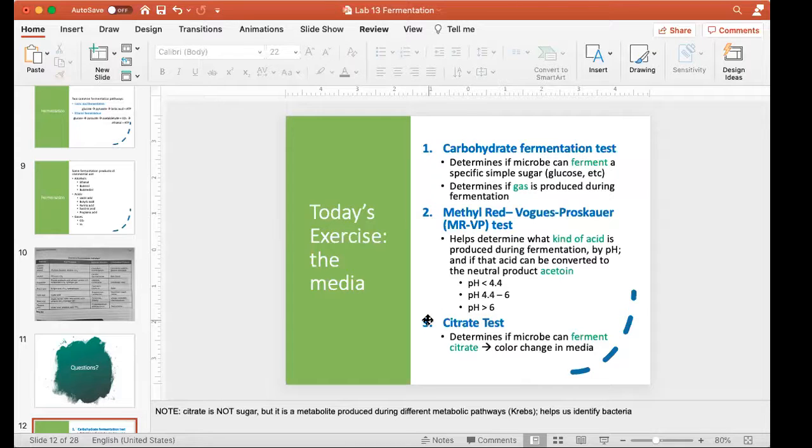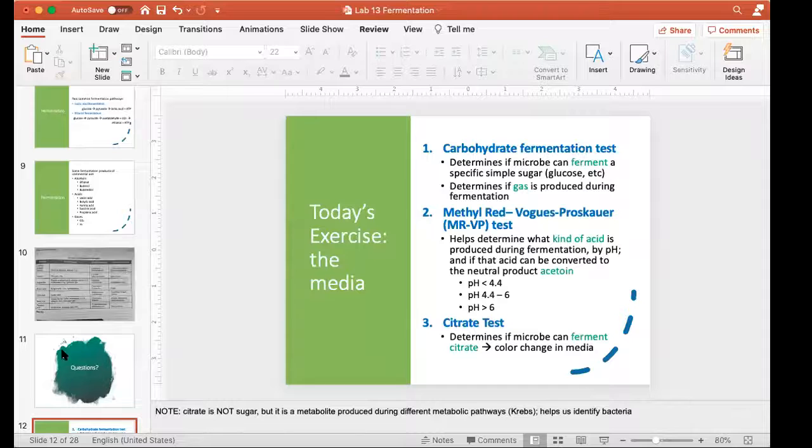Citrate is not a carbohydrate, but it is a metabolite that is produced during several different metabolic pathways, including the Krebs cycle.